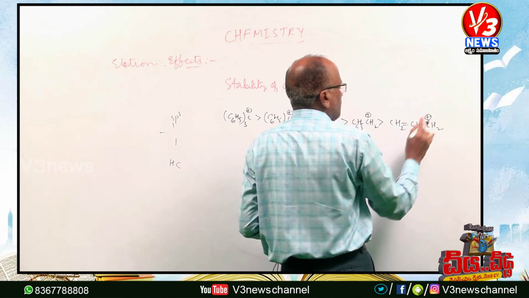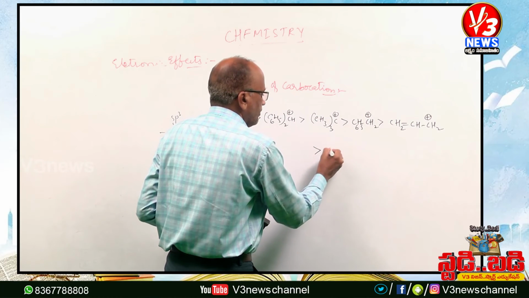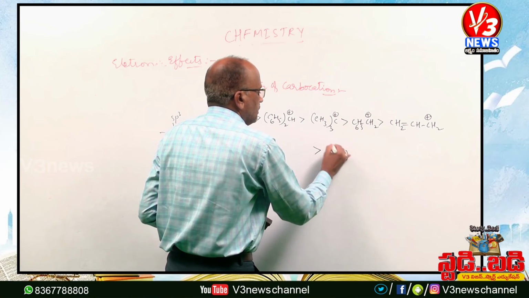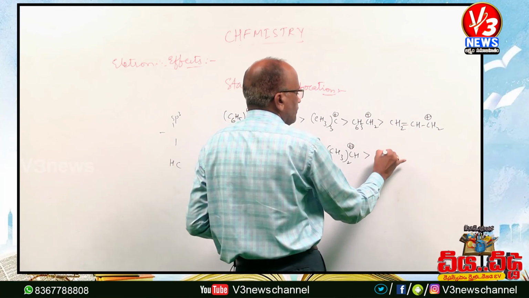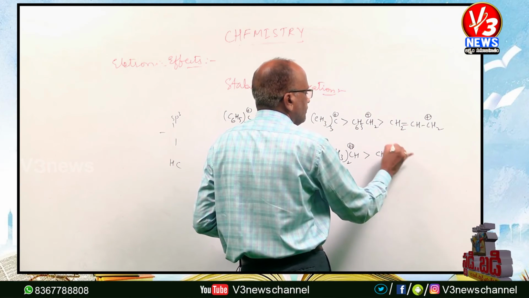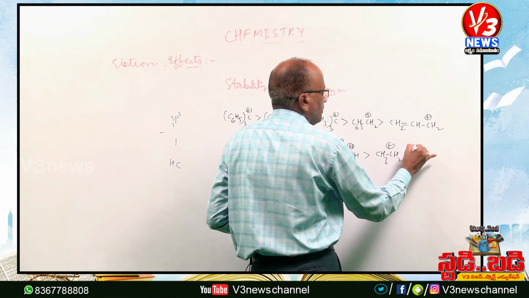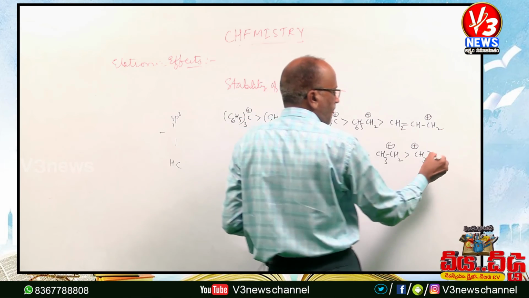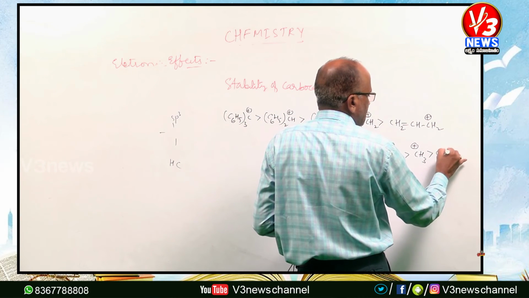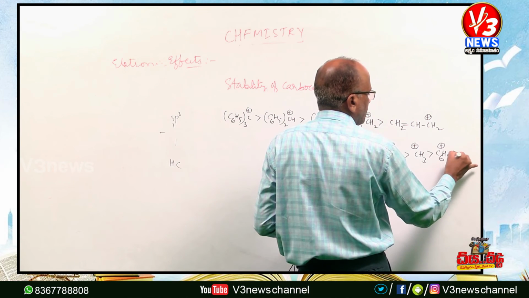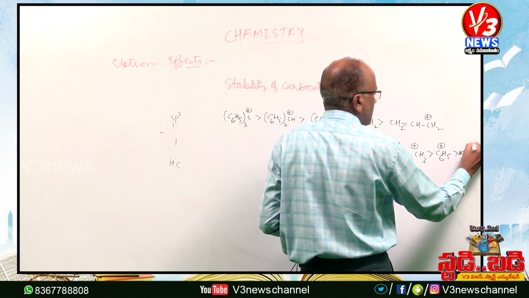So, tertiary butyl is more stable than primary benzyl, than this allyl carbocation, then isopropyl, then ethyl, then methyl, then phenyl, C6H5 plus, then vinyl, CH2 double bond CH plus.